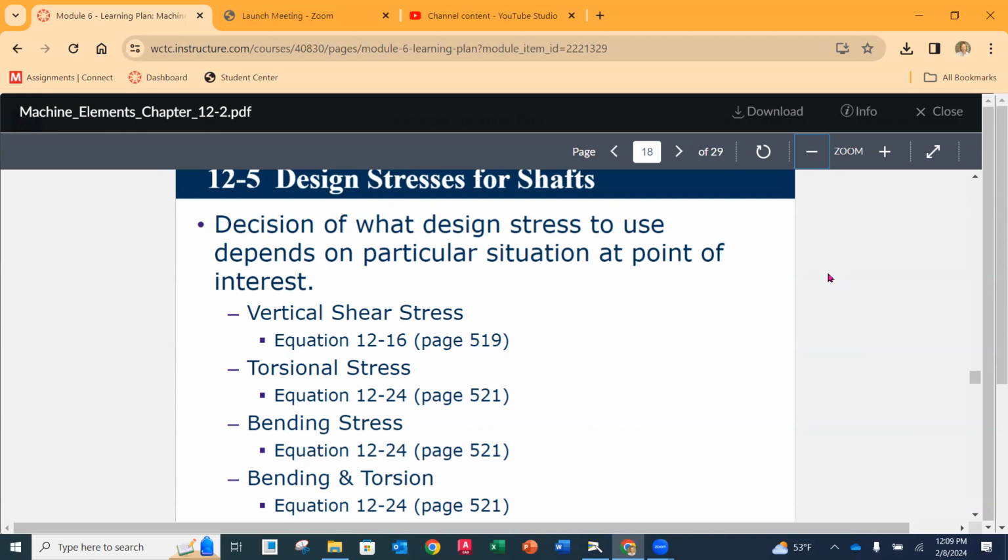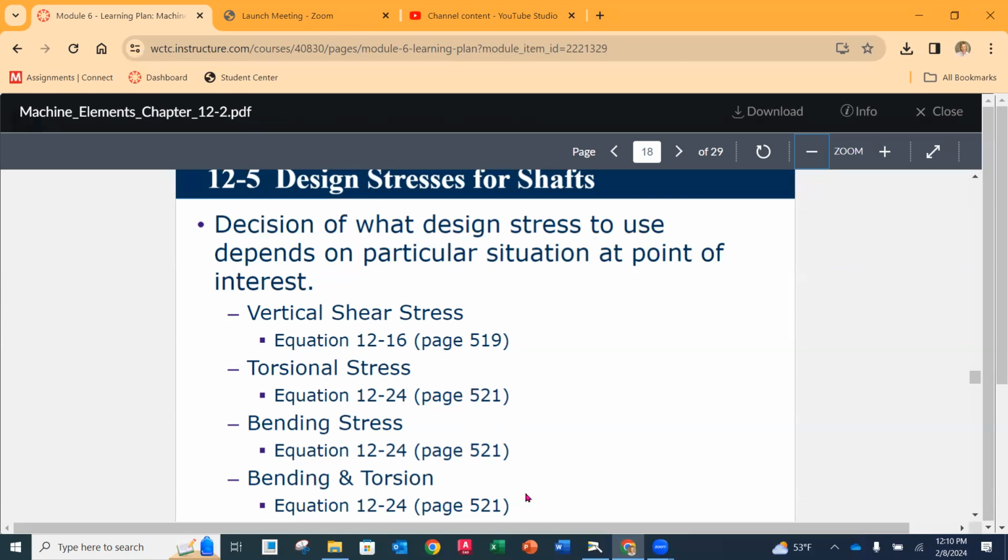Our job, as we lead up to determining the minimum shaft diameters, and there's work we have to do before we get there, is to pinpoint at which sections along the shaft these occur either by themselves or in combination. That's going to be our job before we get there, so the process we're going through is preparing us for that. Now, the equations for each one of these are found on the pages that we see here.